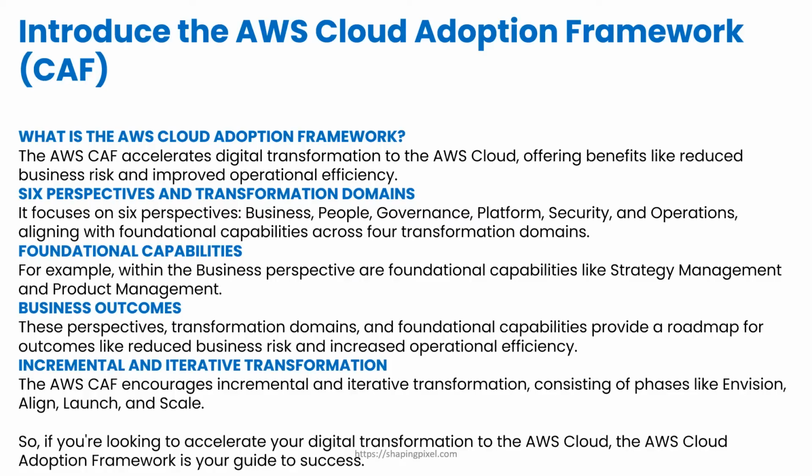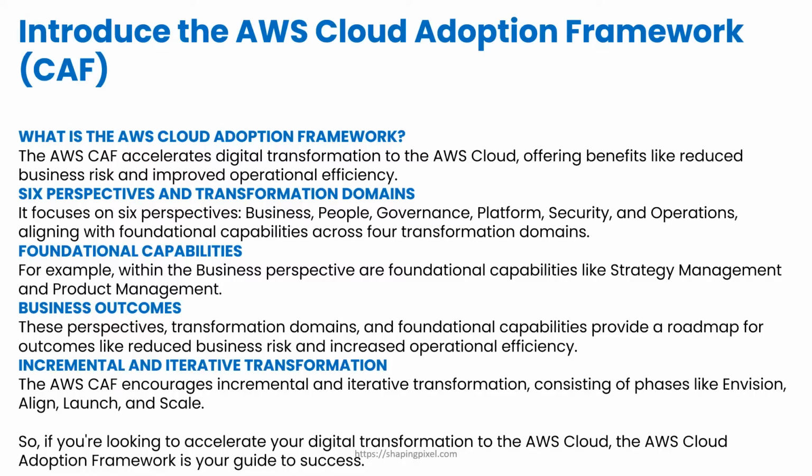So let's dive into the world of the AWS Cloud Adoption Framework. The AWS CAF accelerates digital transformation to the AWS cloud, offering benefits like reduced business risk and improved operational efficiency. It focuses on six perspectives: business, people, governance, platform, security, and operations, aligning with foundational capabilities across four transformation domains.